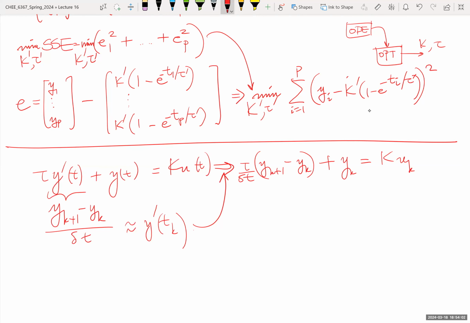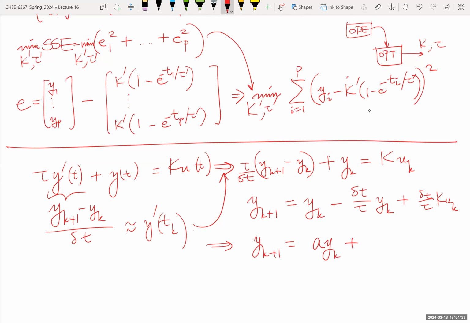And I can take y_{k+1} approximately equal to y_k plus delta t over tau times (minus y_k on the right hand side) plus delta t over tau k u_k, just the algebra. And I can write this in a more convenient way as y_{k+1} equals a y_k plus b u_k. I've done this before, right? We've done this before so we can see what this looks like.